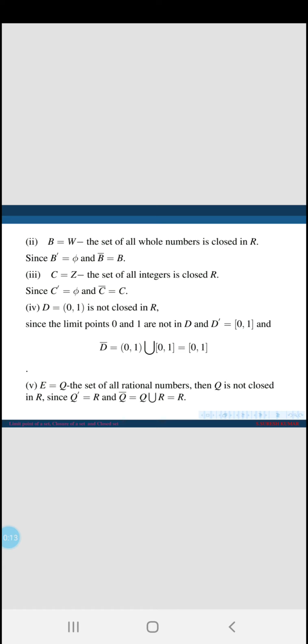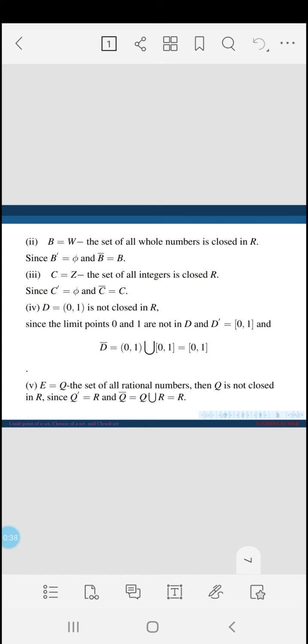Similarly, 1 is also a limit point. But 0 and 1 are not elements of D. Therefore, D does not contain the limit points 0 and 1. Therefore, D is not closed.